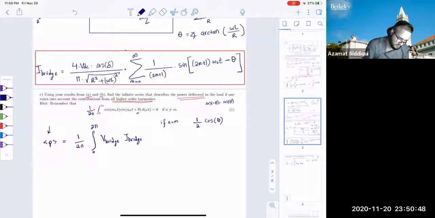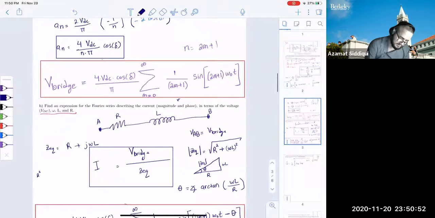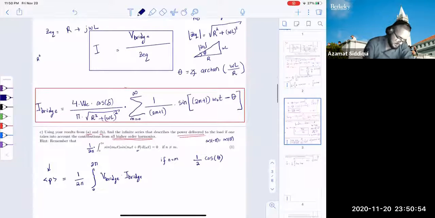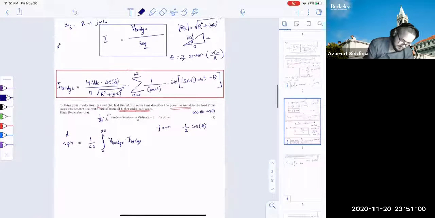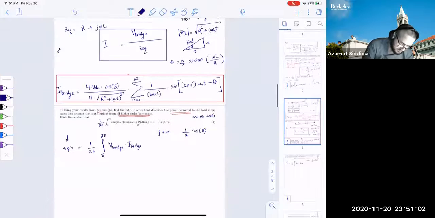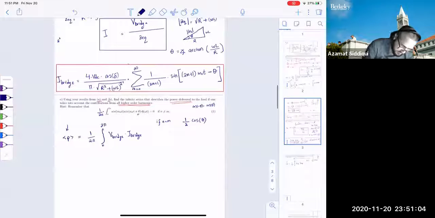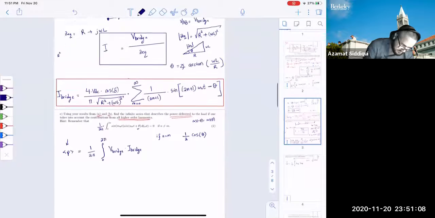So now we know that the V bridge looks like that, and I bridge looks like this. Basically, when we multiply these two, we know they're different summations. So we're just multiplying some, ignoring everything else.